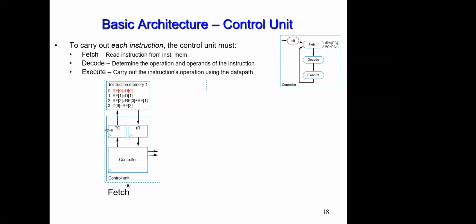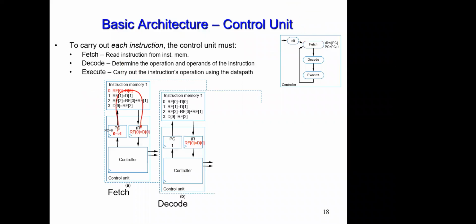At the very beginning, my program counter, as you can see here, is 0. Then I will begin to fetch. I will take this to my instruction register, and then I will decode. I don't know in advance if this is load or not, so I have to fetch and then decode that instruction.